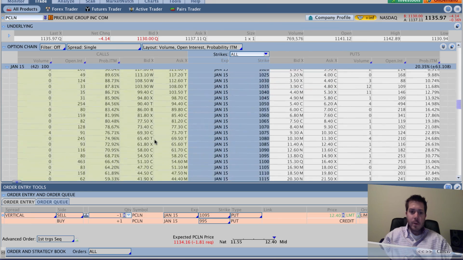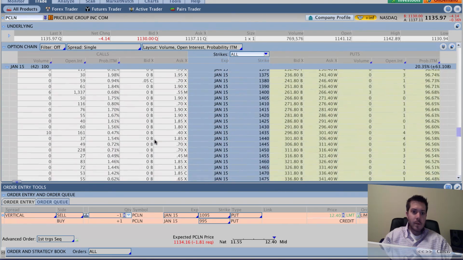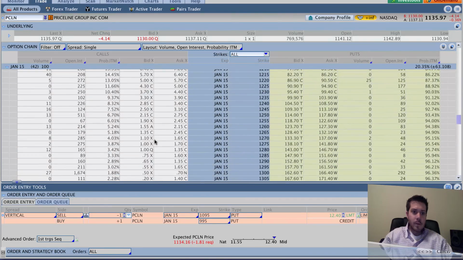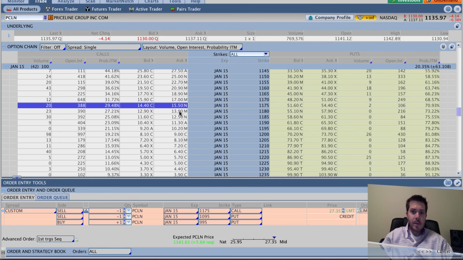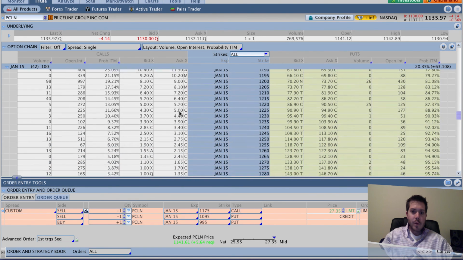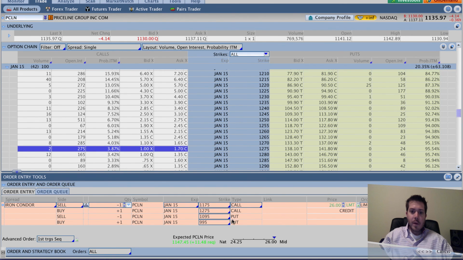And then we go and we look for the 30% on the call side. We're way past it. There we go. So we're at 1175. So we're going to sell the 1175 and then buy the 1275. So now we have a 100-point width between the strikes on both sides.